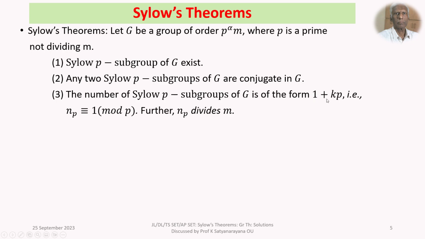Further, n_p divides m, the part of the order of G which is free from p. So n_p divides m. This you have to remember. The third Sylow theorem is very important because we are going to count the number of Sylow p-subgroups of the given group.